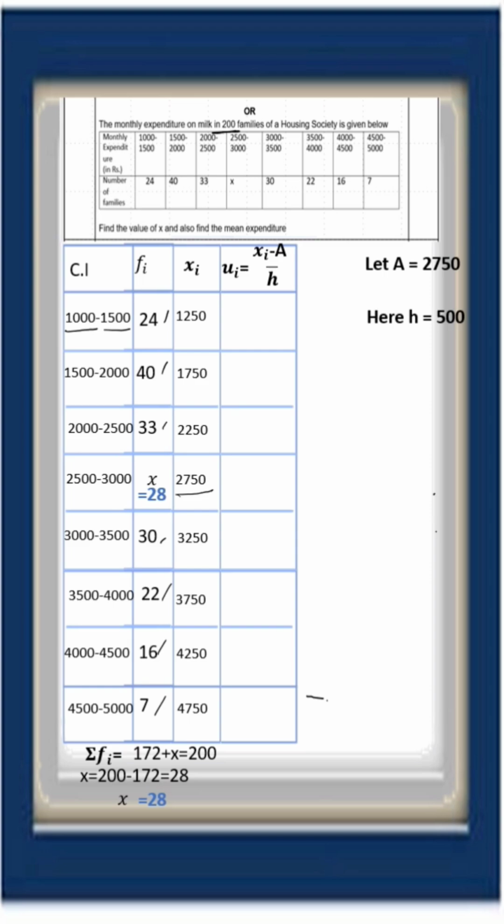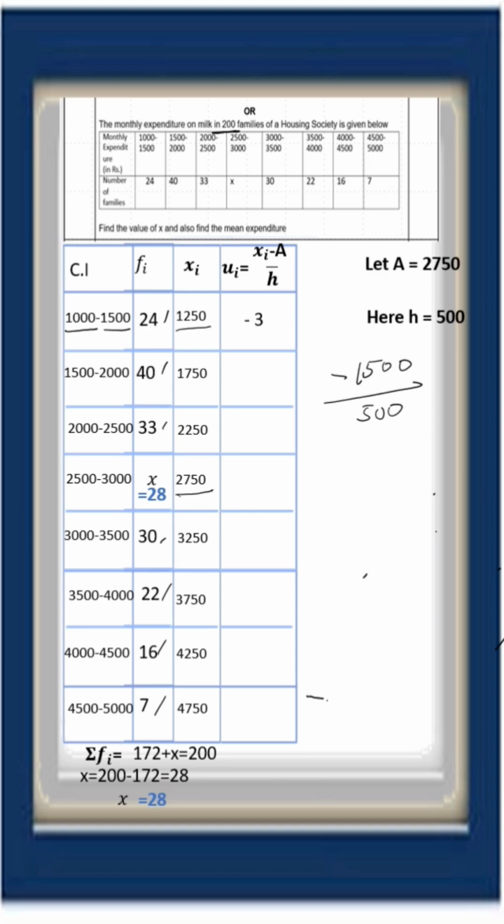So now let us calculate it. 1250 minus 2750, what is it? Negative of 1500. Negative of 1500 by h, which is 500. Negative of 1500 by 500, that is equal to negative of 3.